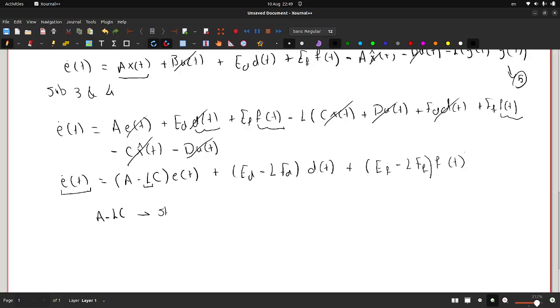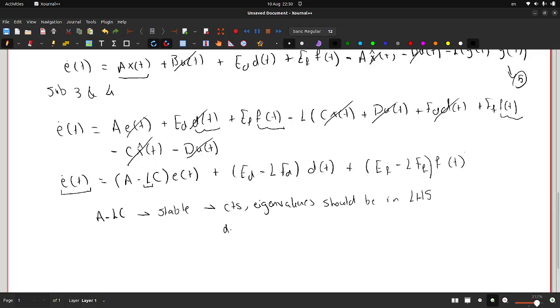Meaning, if it's in continuous time, the eigenvalues should be in the left half plane, the left hand side.